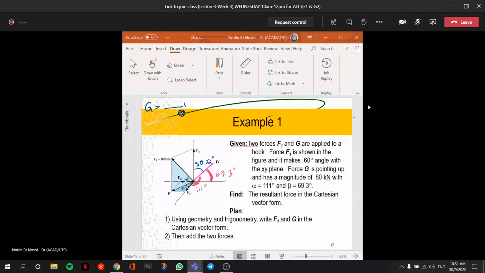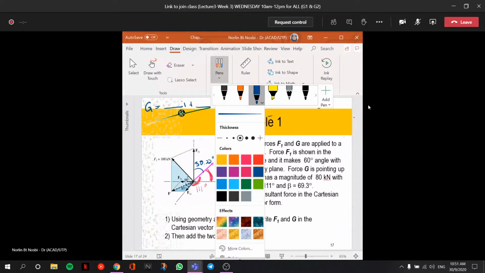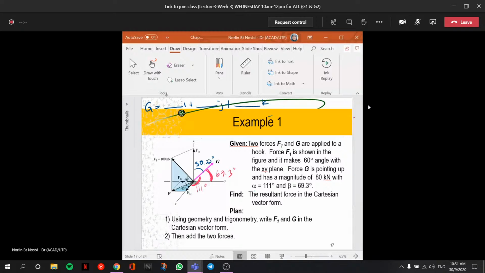You need to find at point I first. Okay, in this situation, what are the values given? Just the angle, right? Angle and the magnitude. So how do you want to find it? How do you want to find the IJK?